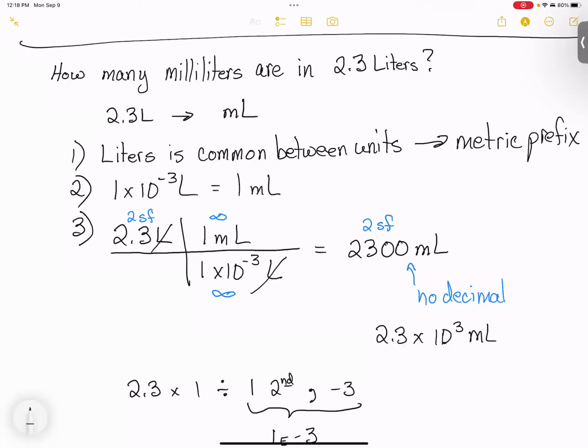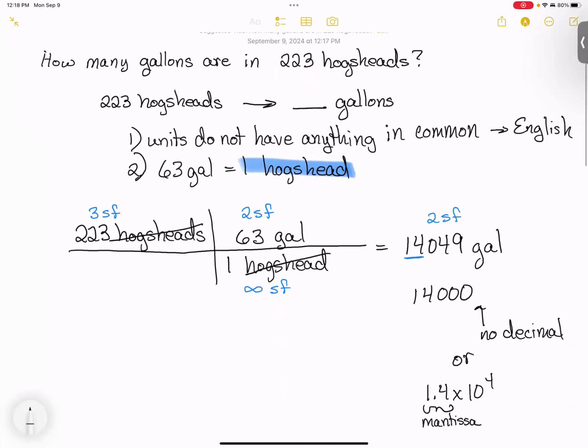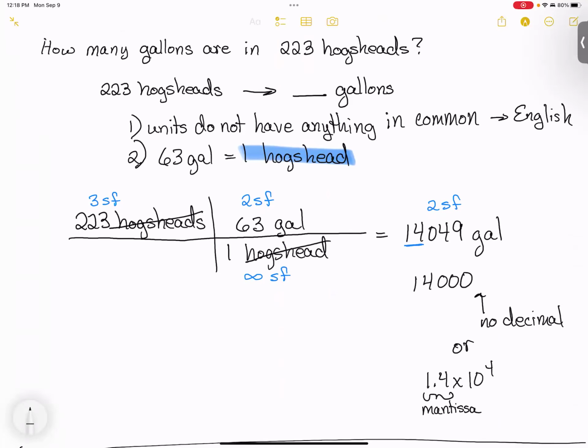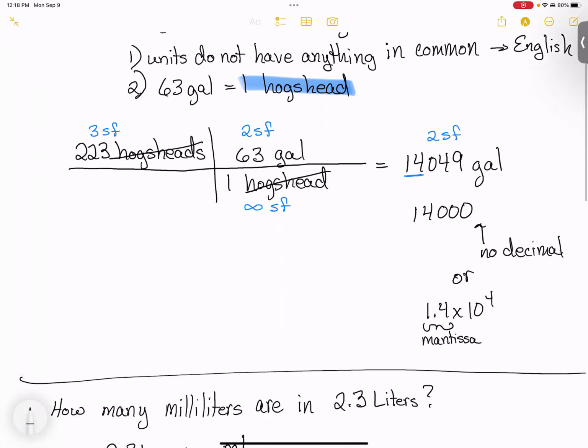And it's like if you go back to the hogshead one, 63 gallons was 1 hogshead. Because I had hogshead here, I picked up the entire hogshead and moved it down so that the hogshead would cancel. Okay. So we'll always start with your first number being in the top left box.